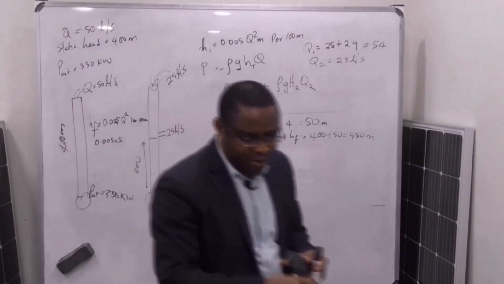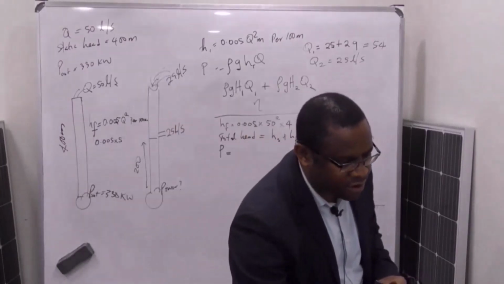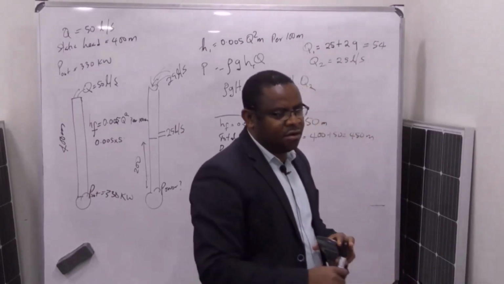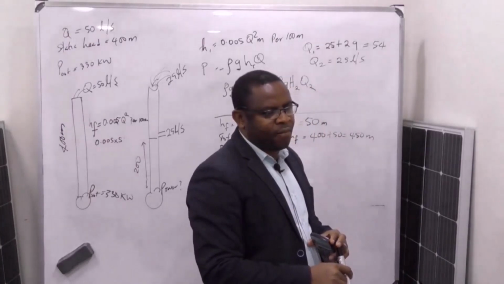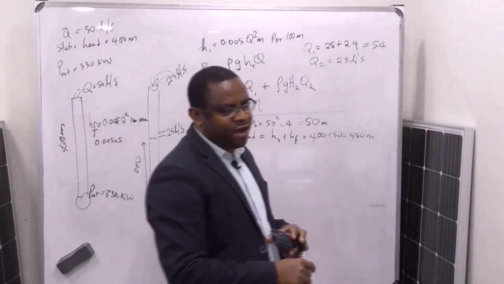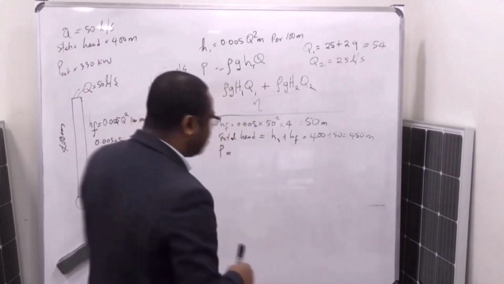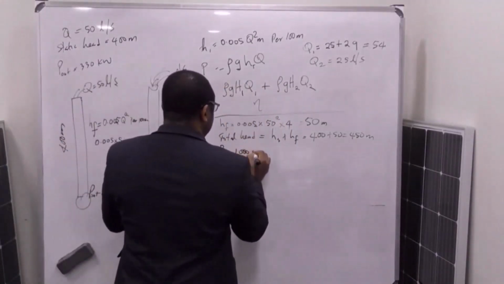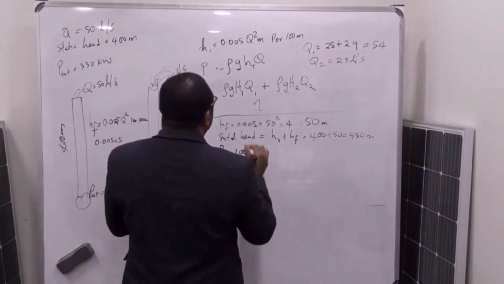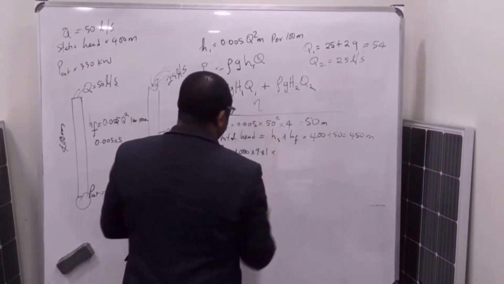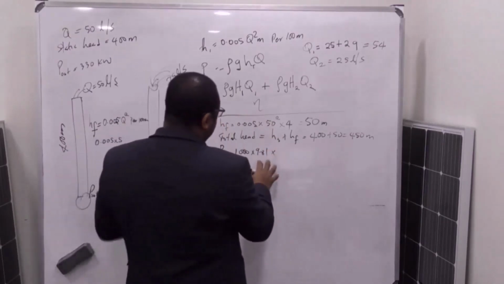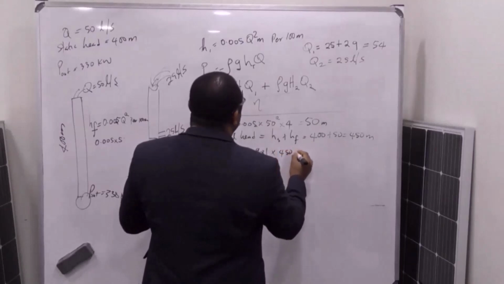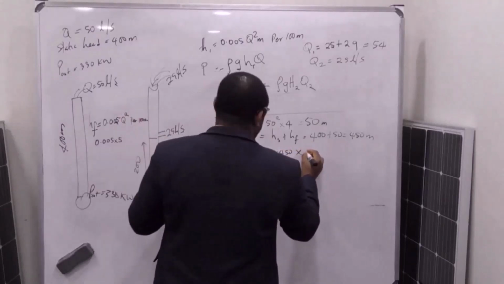Now, this is water we are pumping, right? It's water. We are pumping water, right? Underground chamber of that. Okay, so I'm pumping water. So I have 1,000 times 9.81 times the total head, 450, times that 50.